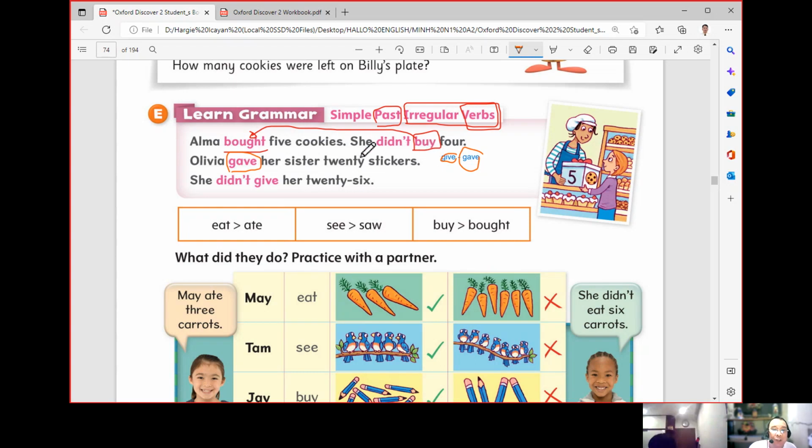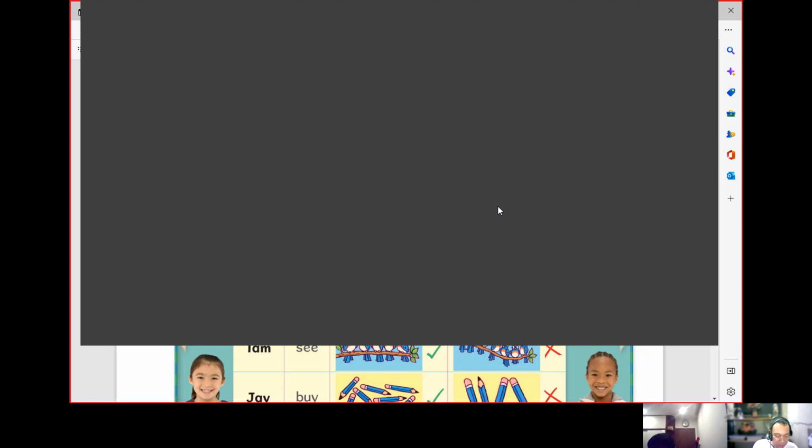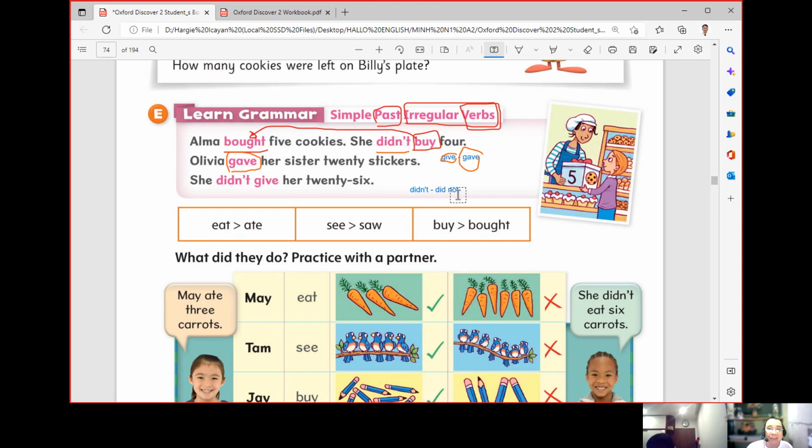Now look at this. If you try to use the negative statement, the didn't. Again, didn't is short for did not. So that means it's the contracted form of did not. After the negative statement did not or didn't, you have to use the present simple tense or the base form of the verb.